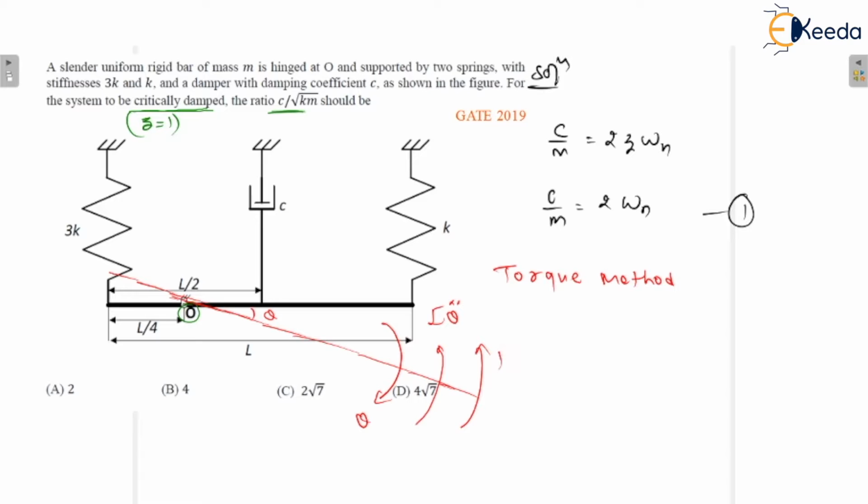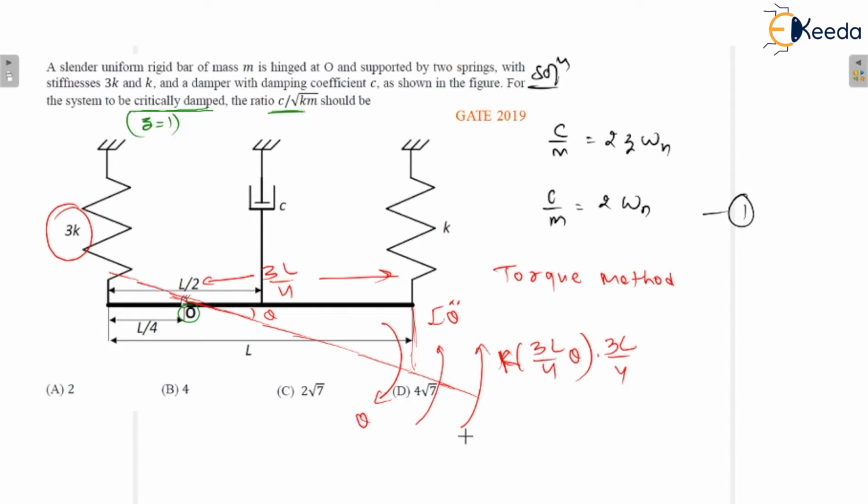For this spring, the torque would be K. The total length is 3L by 4, so K into 3L by 4 theta is the displacement of the spring. So K into displacement multiplied by the arm gives the torque, about point O, the hinge point. So this is 3L by 4.